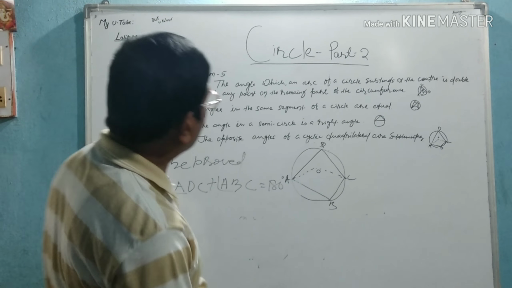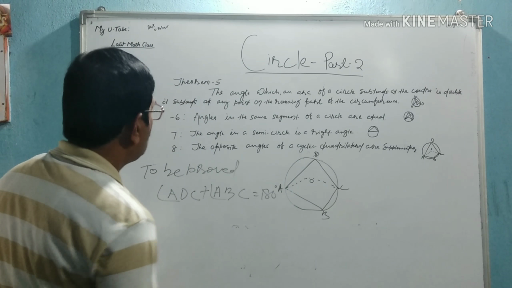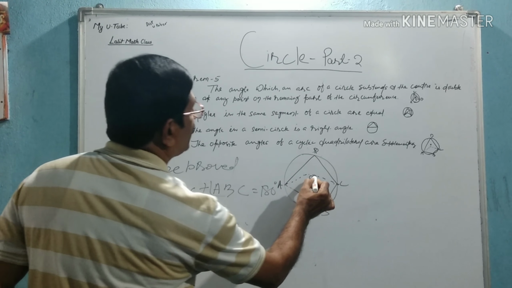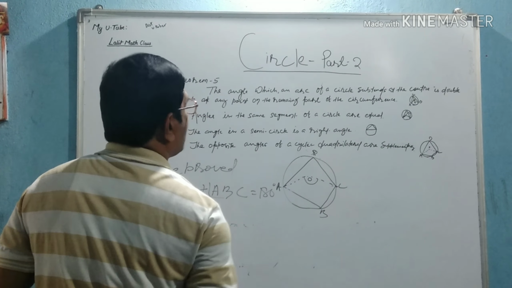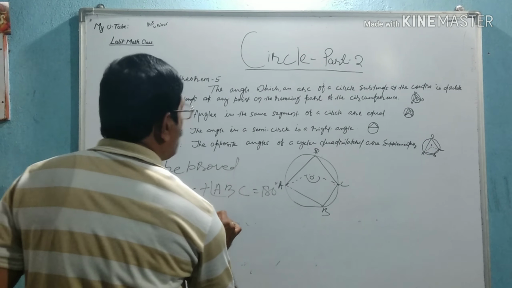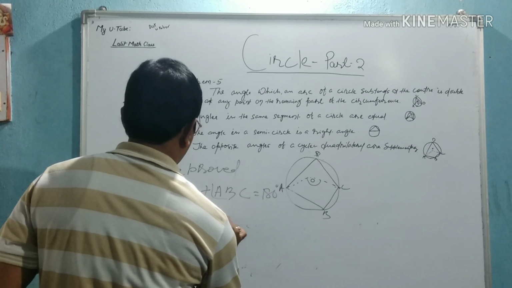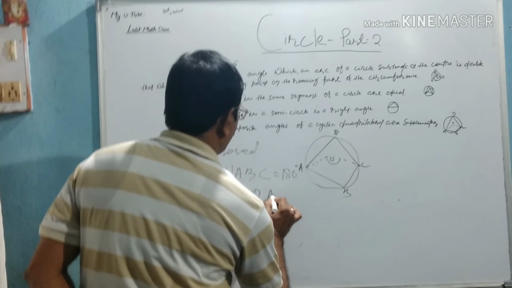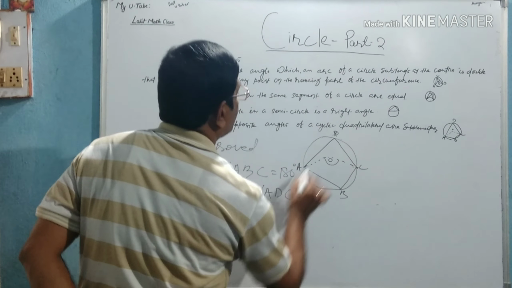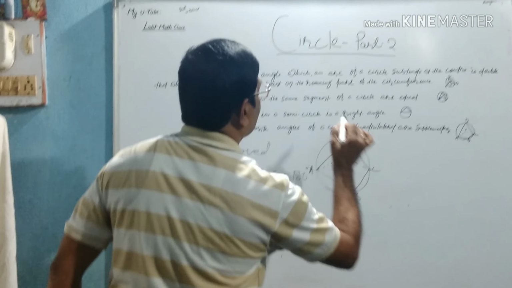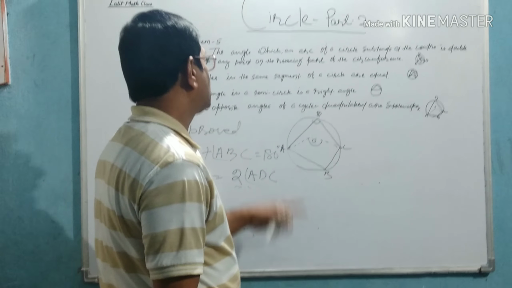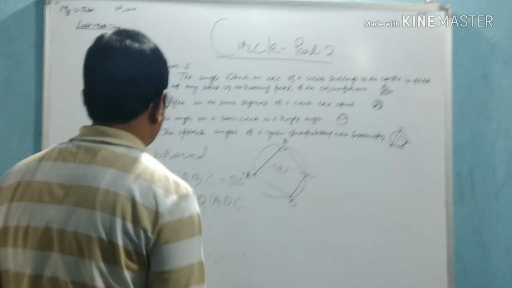As you see, angle AOC is the center angle, and AOC angle equals twice the ADC angle, because ADC angle is at the remaining part of the circumference and it is on the arc ABC.